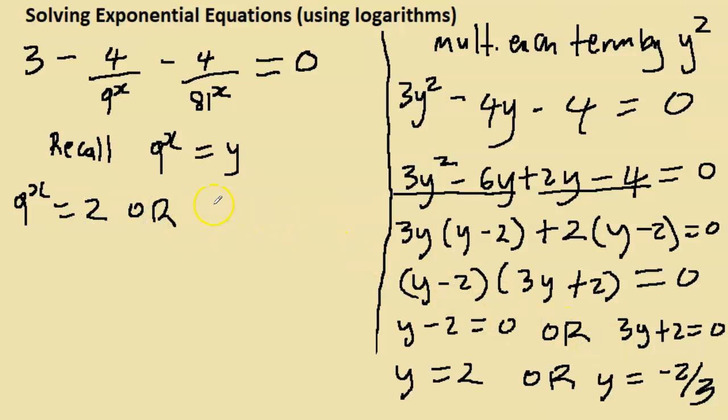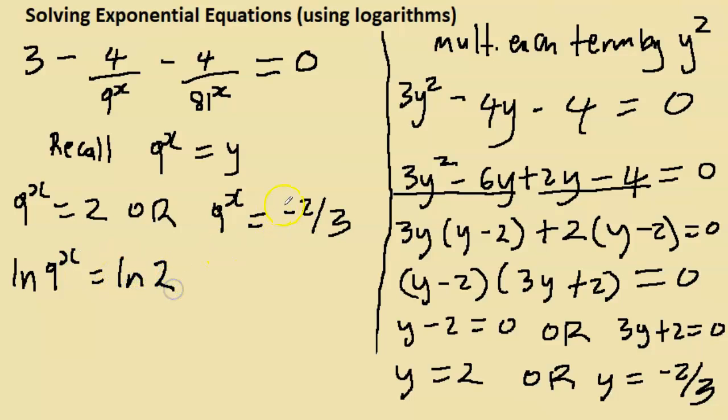Here, 9 to the power of x is equal to negative 2/3. Good? So we log both sides. So log 9 to the power of x, log 2. Now this will throw out, because when you remember you log both sides, you cannot log a negative value. So this will throw out. Alright? Because in ln, we cannot log a negative number, can we?